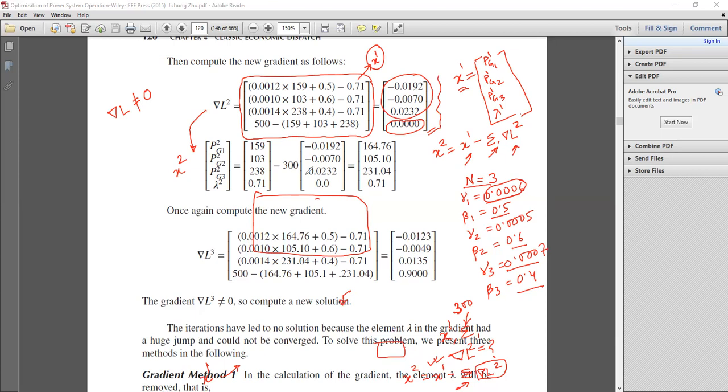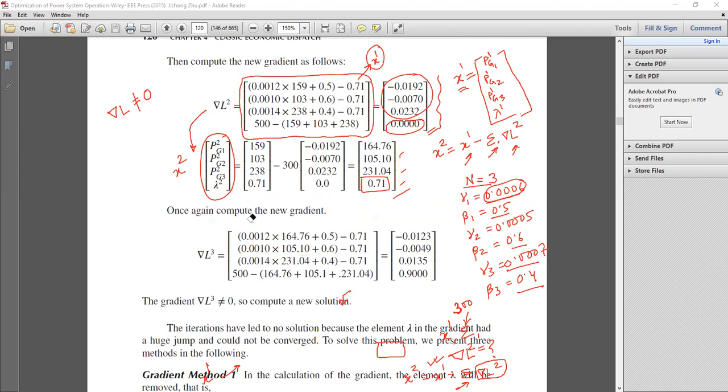We can plug those values here, and once again we get the updated values of x: PG1 2, PG2 2, PG3 2, and lambda 2. Lambda 2 is still 0.71. There is no change in lambda. However, the other values, PG1, PG2, PG3, are changing.